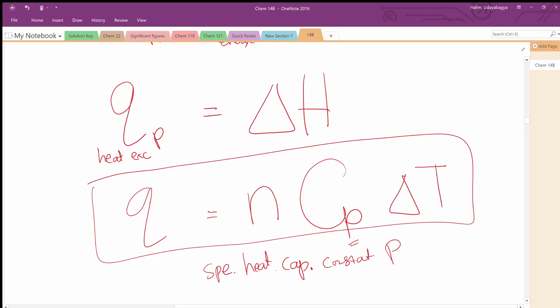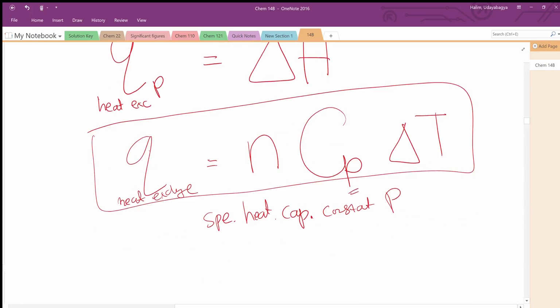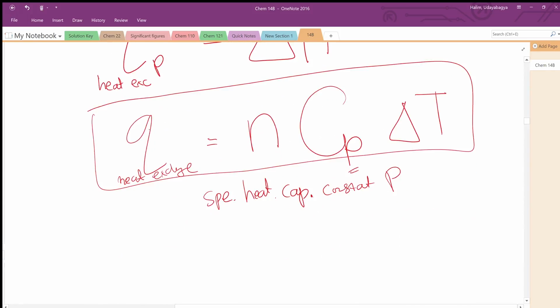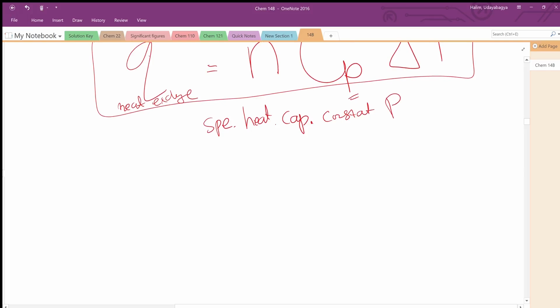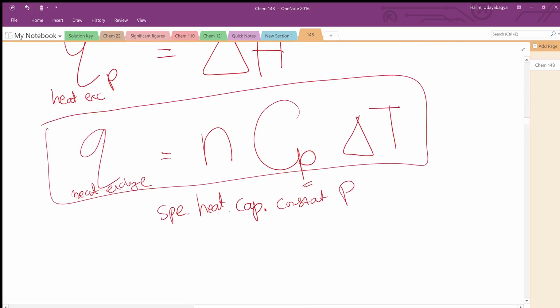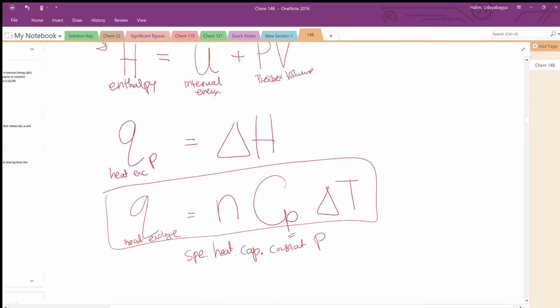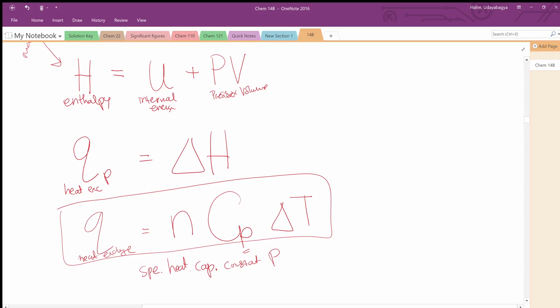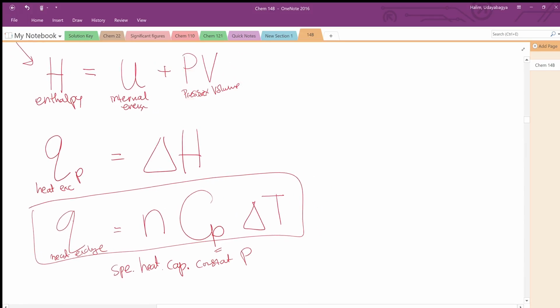Okay, so if I have some kind of heating or cooling system, it's n, the number of moles that I have, times the specific heat capacity at a constant pressure, times delta T. We'll make up this new equation in order to make the amount of heat that we're going to calculate a bit easier. And that really is what enthalpy is.